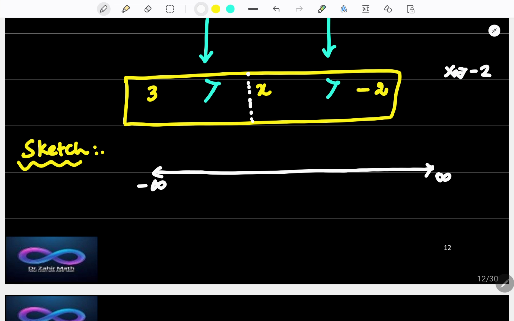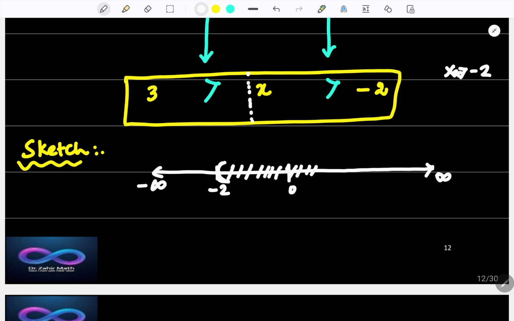So where is minus 2? Here is 0 and this is minus 2. More than minus 2 means you open a bracket like this, and more than means this side.